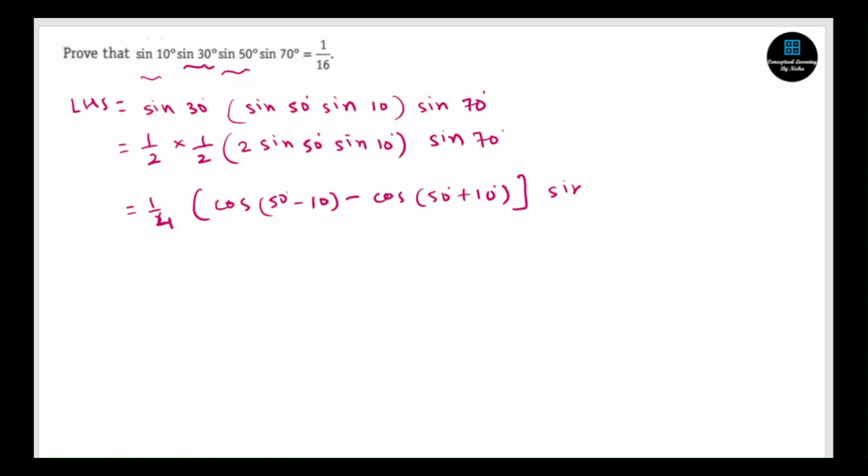And then sin 70. So what do we get? 1/4, and this is cos 40 degree, right? Minus cos 60 degree into sin 70.